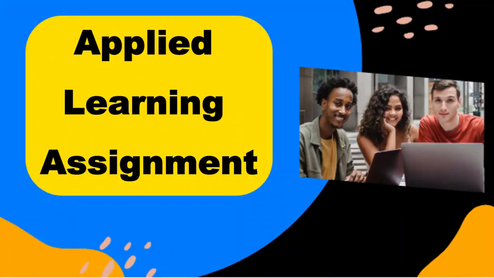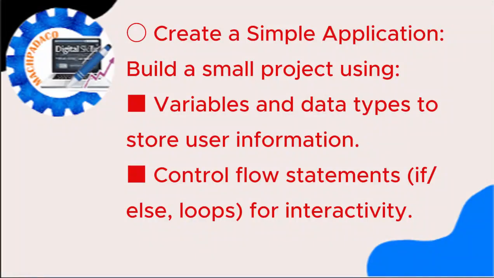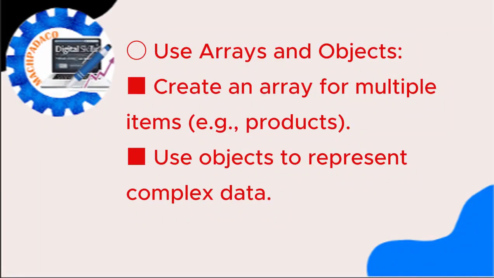Apply learning assignment. Create a simple application. Build a small project using variables and data types to store user information. Control flow statements, if/else, loops for interactivity. Use arrays and objects.